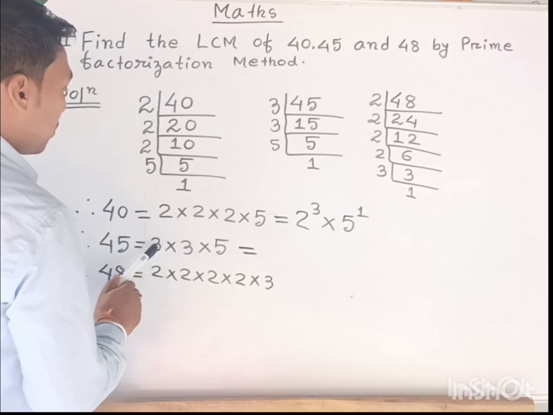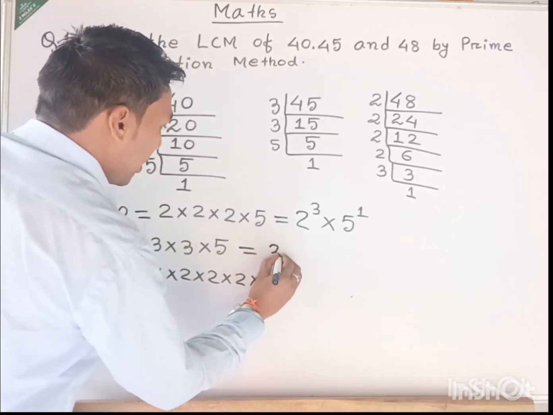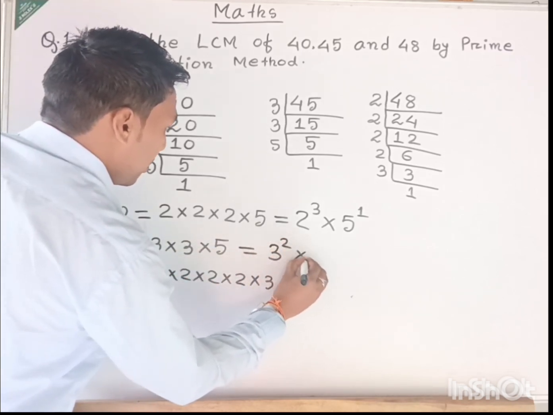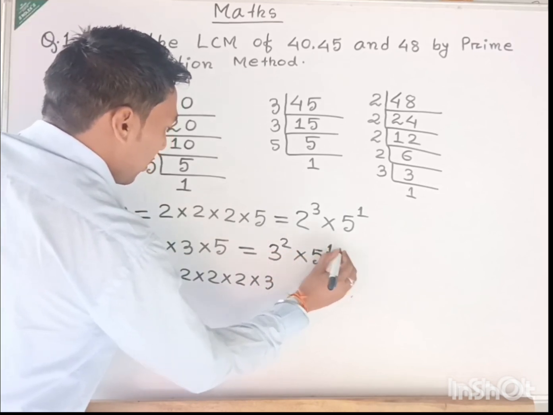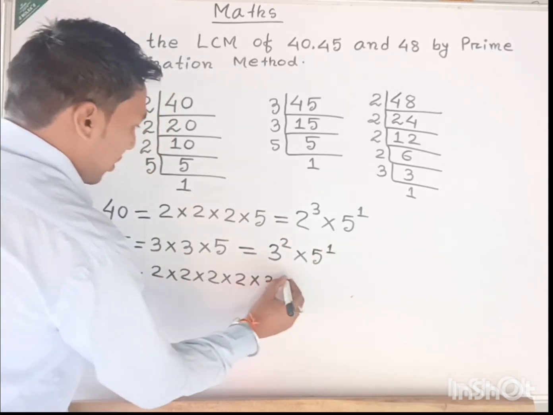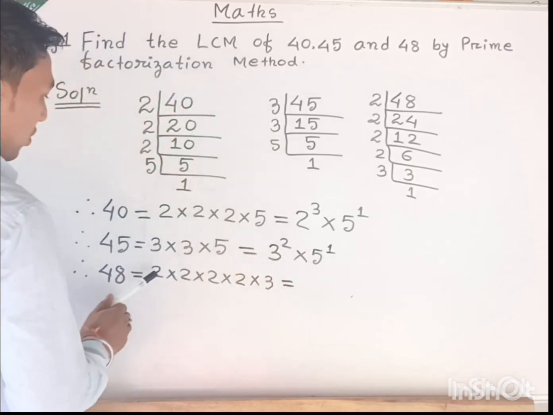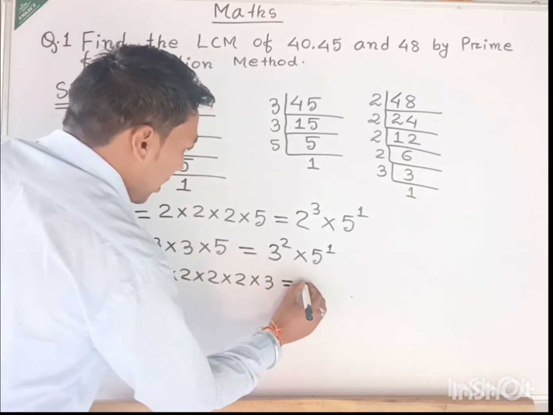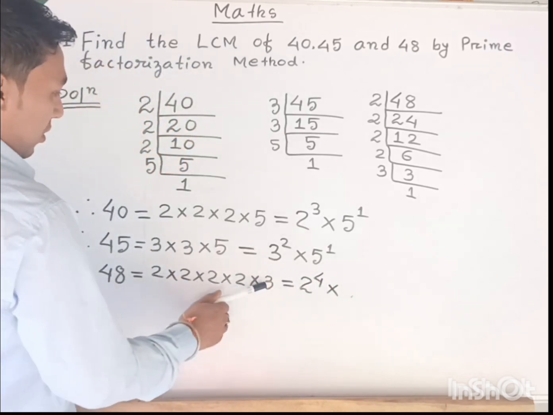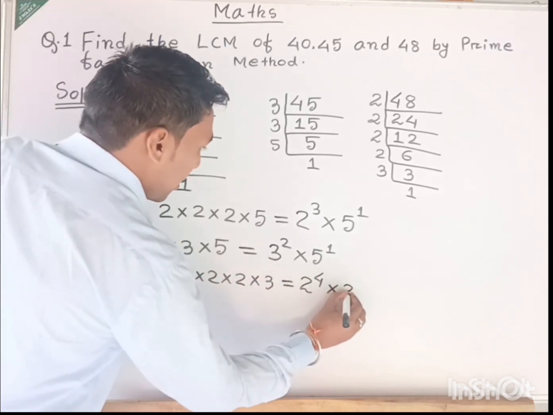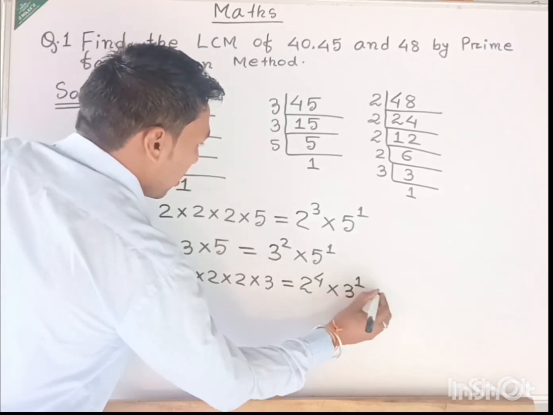We have two 3s, so 3 to the power 2 into one 5, so 5 to the power 1. In the same way for 48, we have four 2s, so 2 to the power 4 into one 3, so 3 to the power 1.